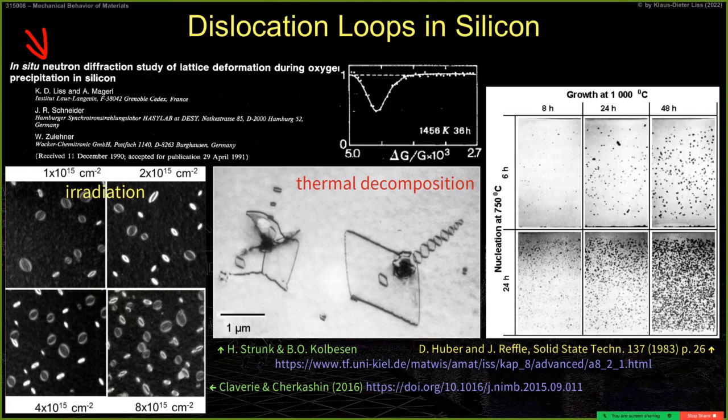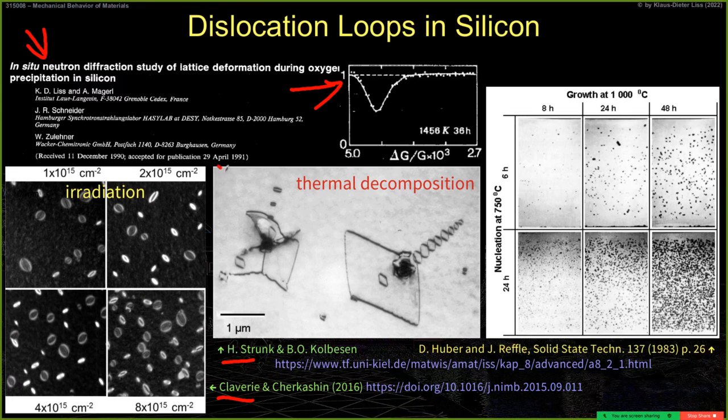I started with in situ studies, and we published this figure here, where in diffractograms we can see the evolution of lattice strain due to the expulsion of dislocation loops in silicon. And there are figures here by other people, as shown in the references. For example, Strunk and Kolbesen.